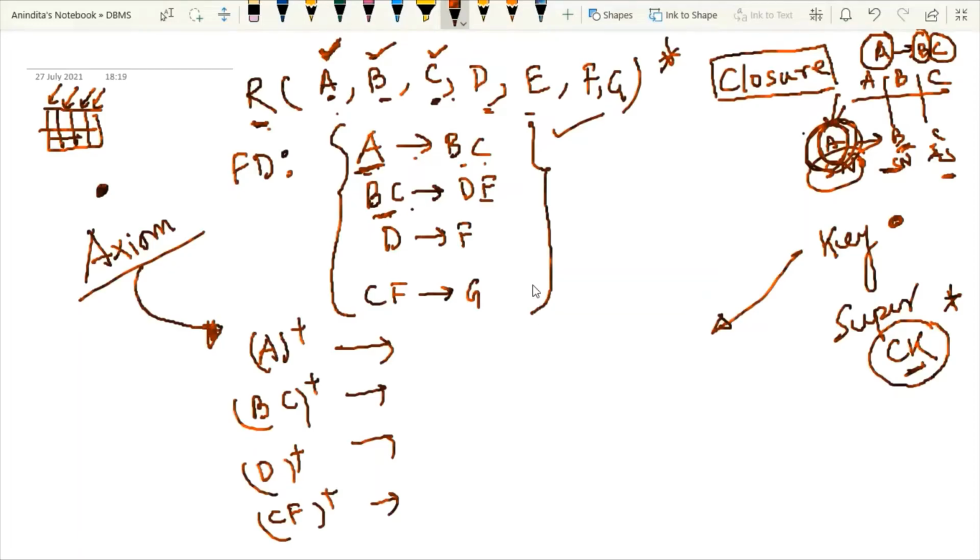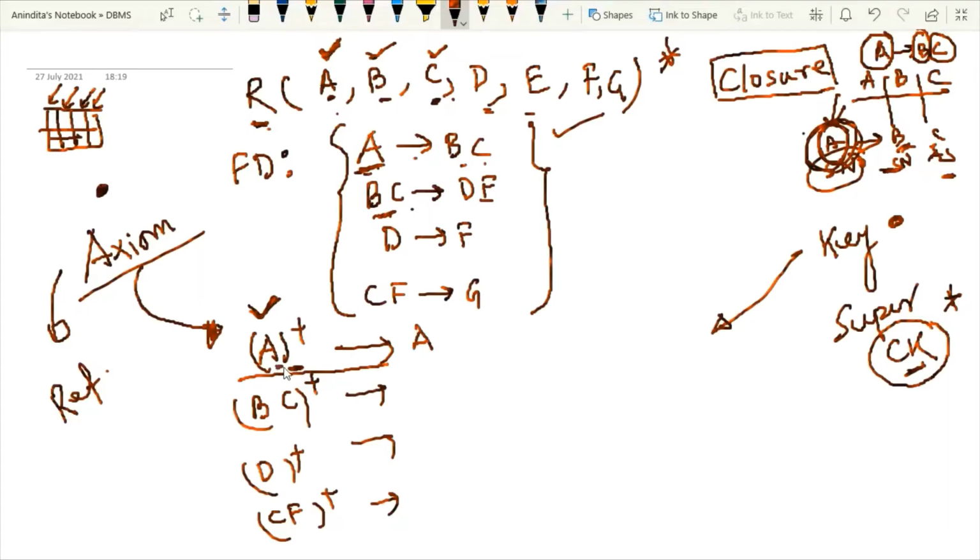Now first try to understand how to find out the closure. Whenever you are at this point, you have to find out the RHS. What will you do? The first thing is, we will use the concept of reflexivity in Armstrong's axioms. What do we mean by reflexivity? It is very simple. Whenever something is given on the left hand side, just copy it into the right hand side.